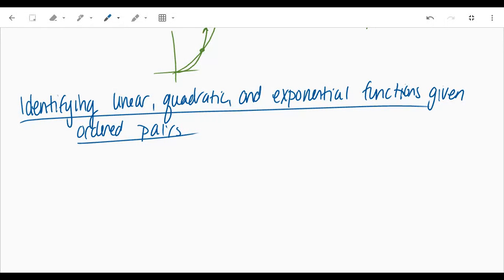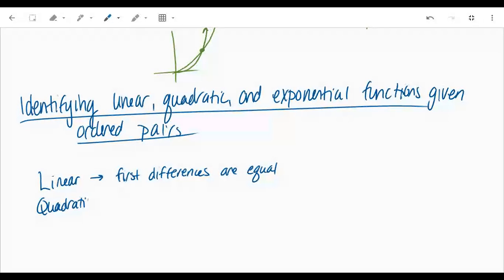Okay, so if it's linear, the first differences are equal, and I'll show you what this means. If it's quadratic, the second differences are equal.